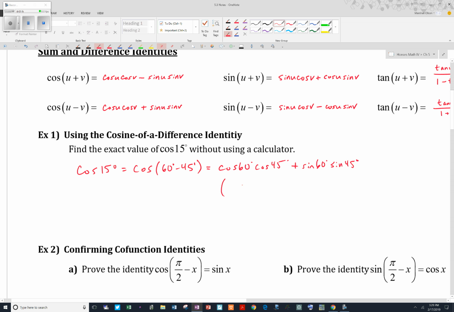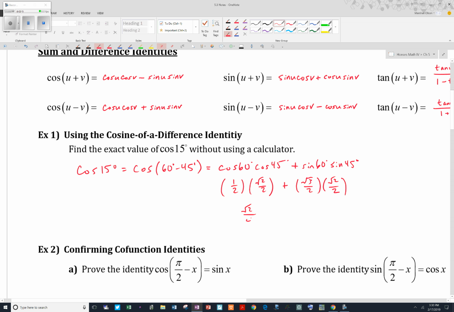And then hopefully these we just have memorized at this point in time. If the two angles you're using are two acute angles, 30, 45, or 60, then this is pretty straightforward. You put the values in. Got to remember how to multiply fractions together.